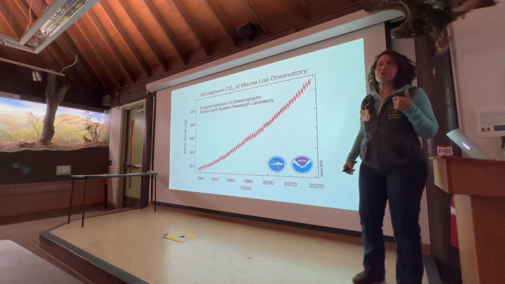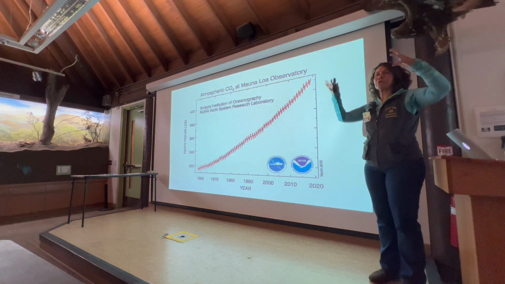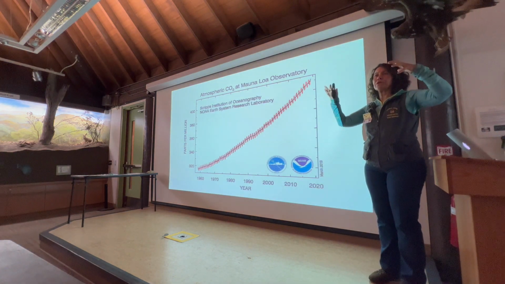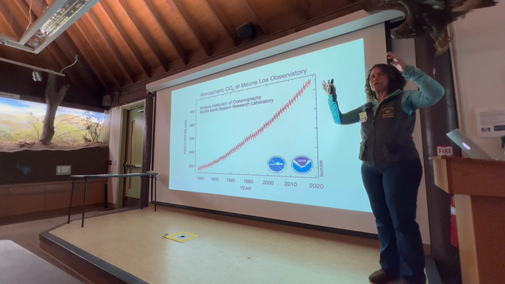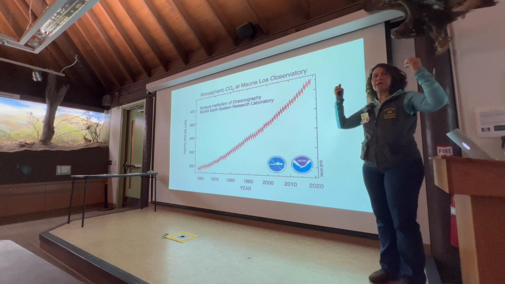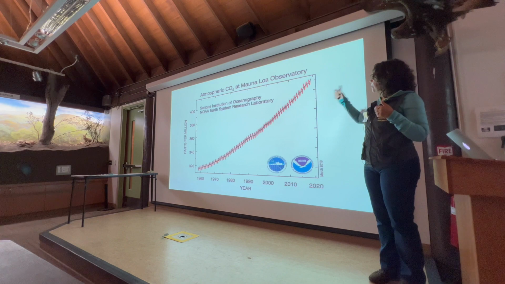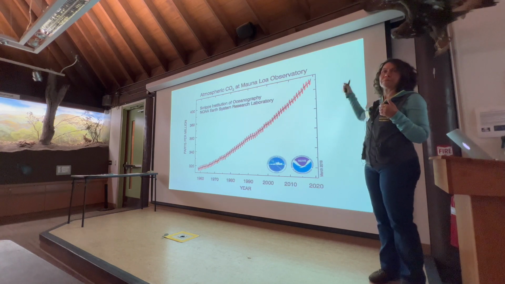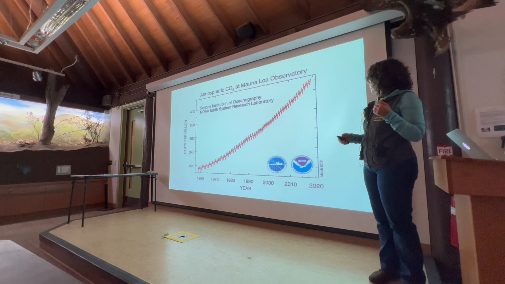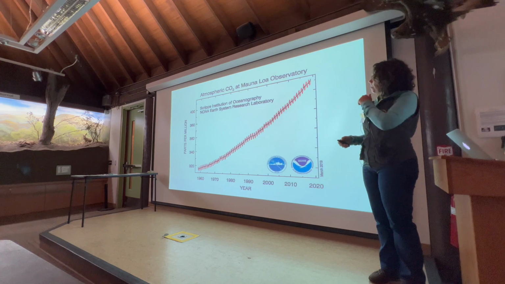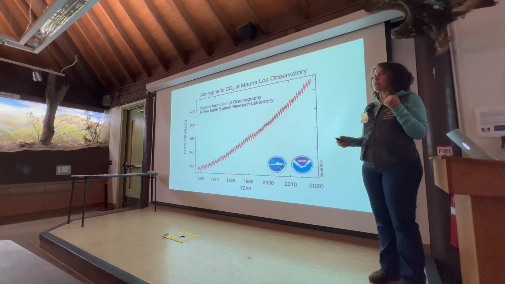Because most of the land mass is in the northern hemisphere, in the northern winter there's less carbon dioxide being taken up by plants, and so we get this little variation each year, but it's nothing like the change over time. Okay. And that's just the carbon dioxide and not the methane.